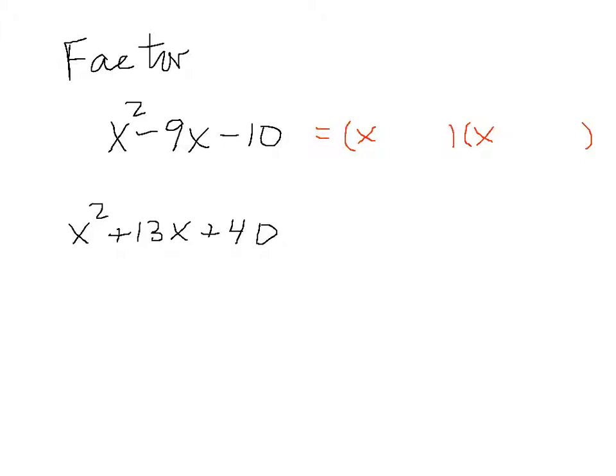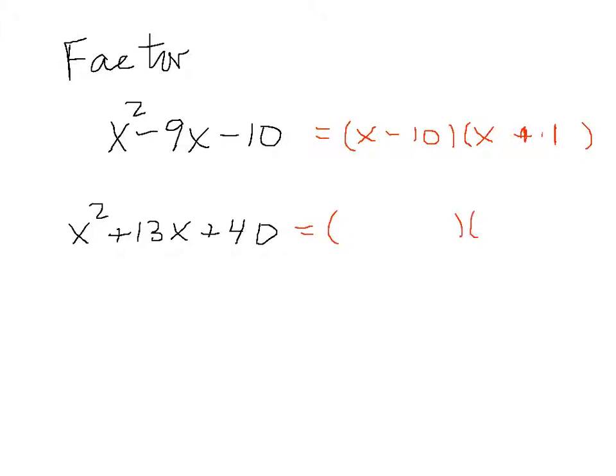A lot of this is trial and error. But if you think about minus 10 plus 1, that's going to give me a minus 9x, because here I get a minus 10x, here I get a plus x, and they combine to give me the minus 9x. Over here, I got all pluses, which makes things a little bit easier.